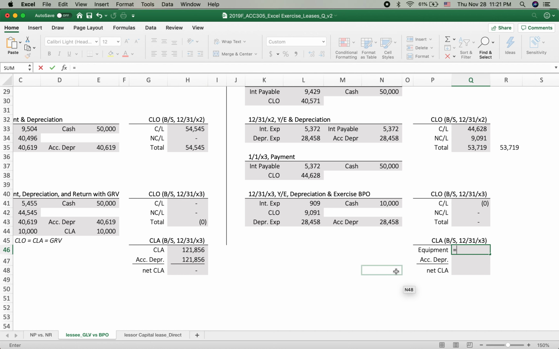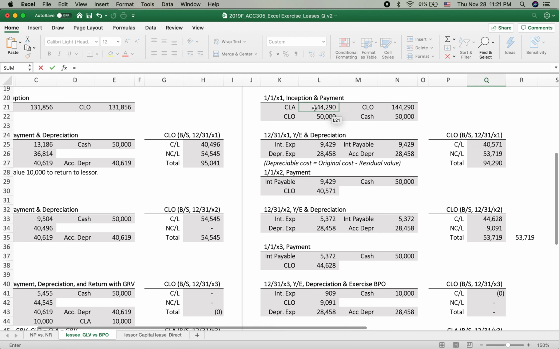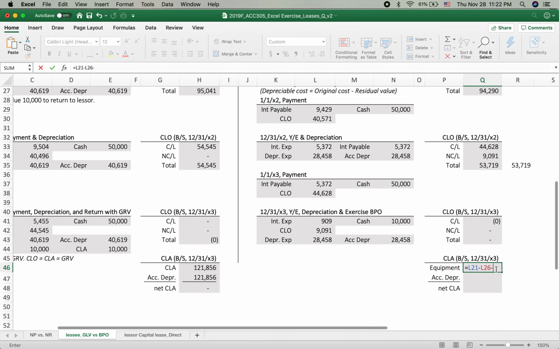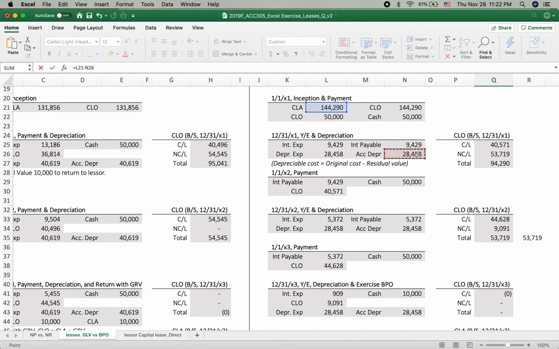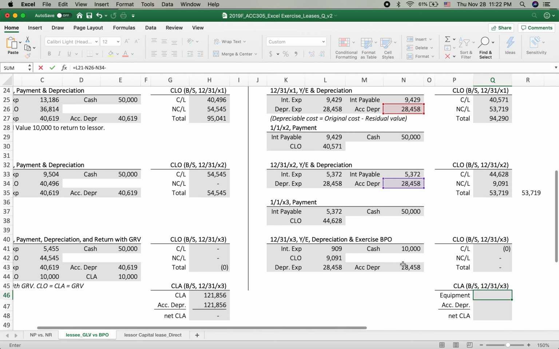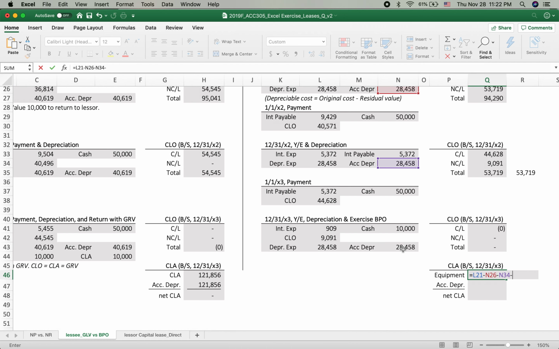So the equipment amount, anyway, the capital lease asset at the original cost minus depreciation. Oh, I just use the accumulated depreciation. Okay, minus the accumulated depreciation. Oh, what am I doing, I'm so sorry.